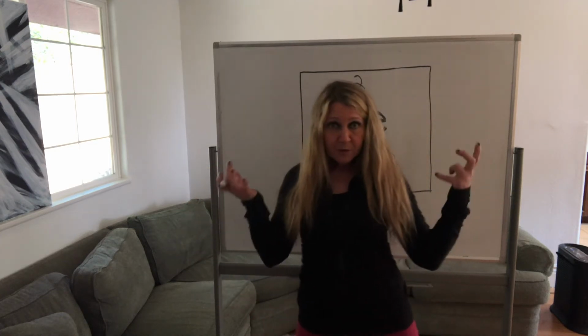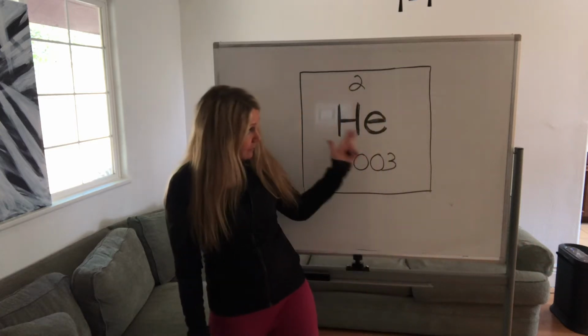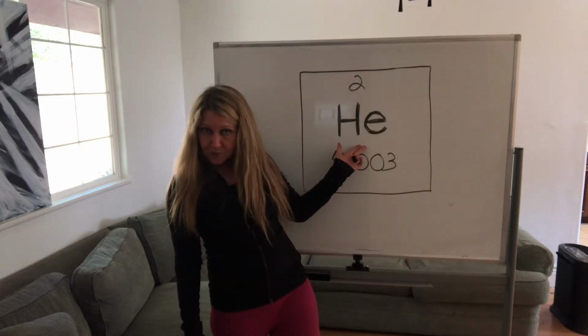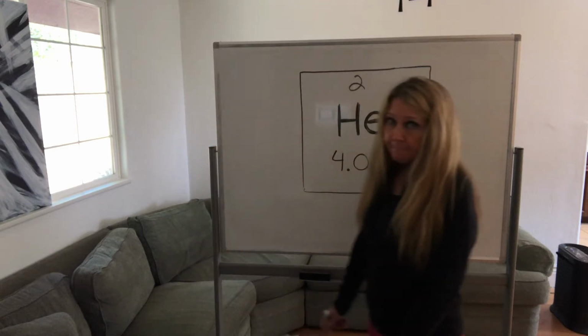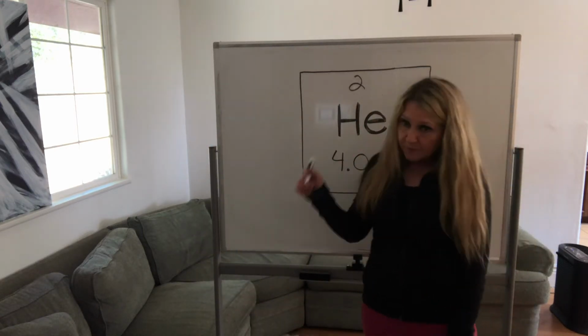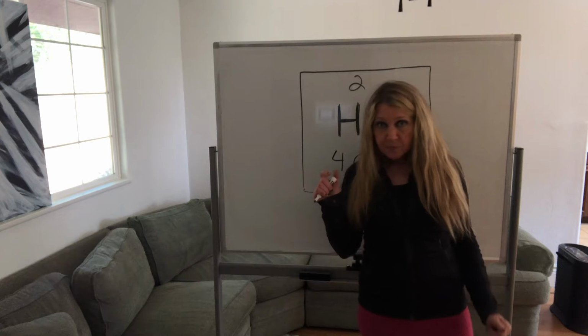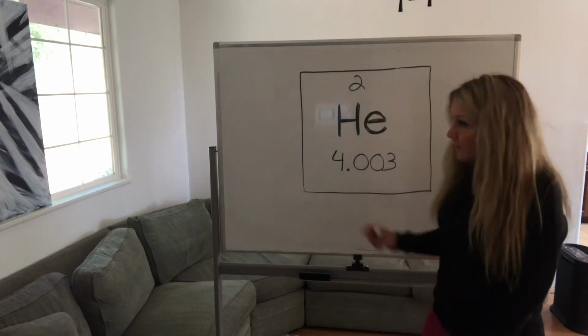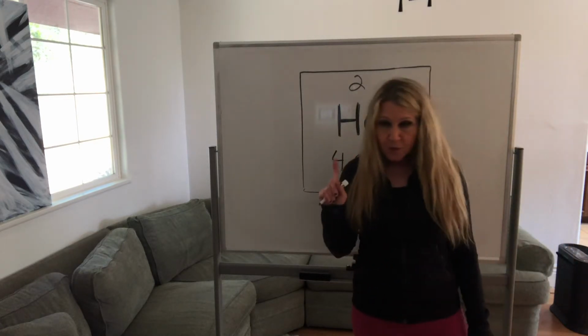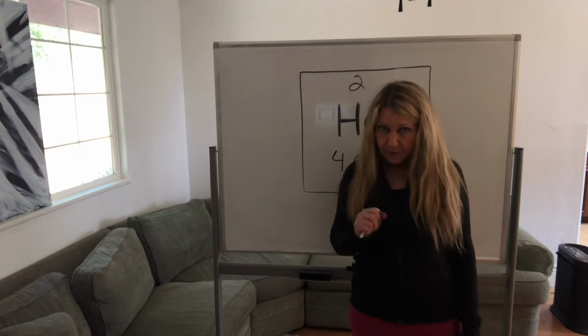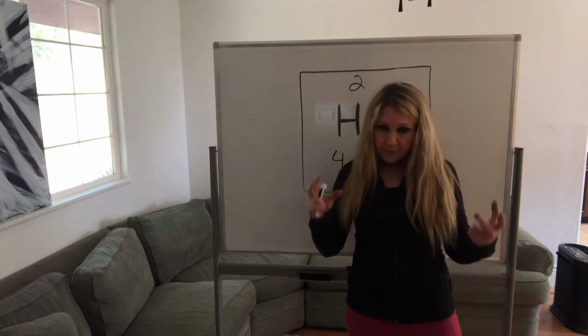First thing I can get is the chemical symbol of the element. So the chemical symbol of helium is He. And that is either going to be one letter or two letters. If it's one letter, that letter's always capitalized, like oxygen, for example.